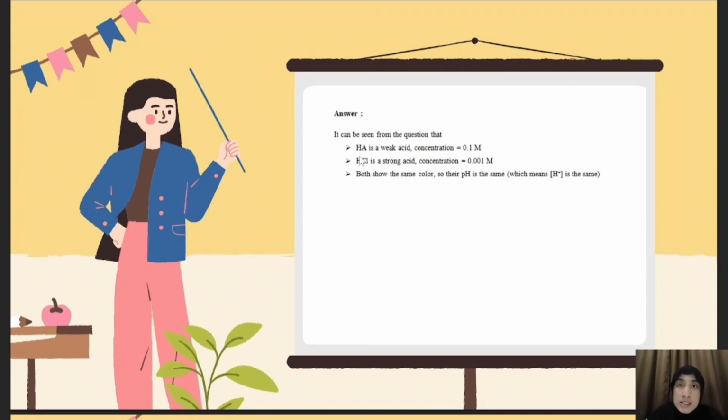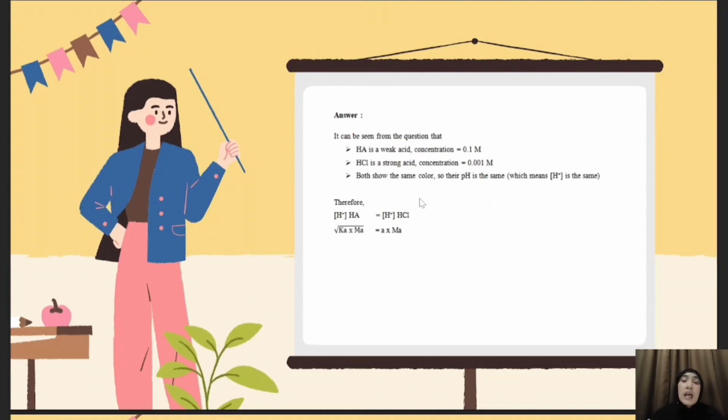Okay, HA is a weak acid, HCl is a strong acid, but from the question, both show the same color. So, their pH is the same, which means the concentration of H+ is the same. Therefore, the concentration of H+ from HA equals the concentration of H+ from HCl.